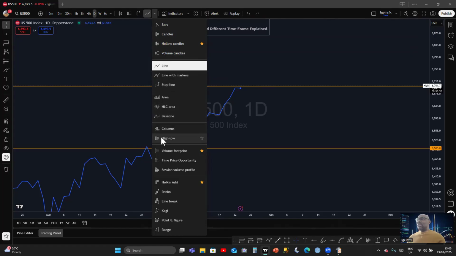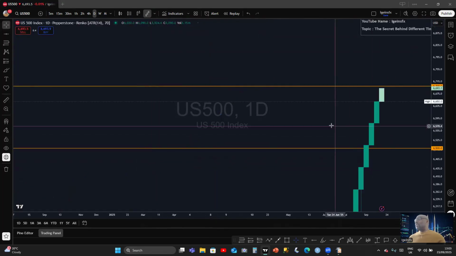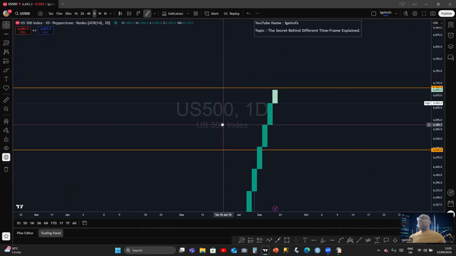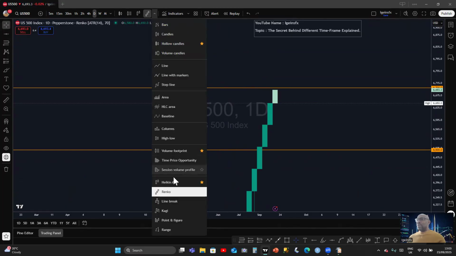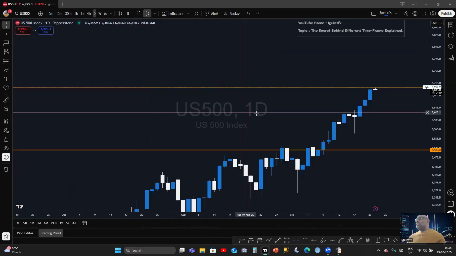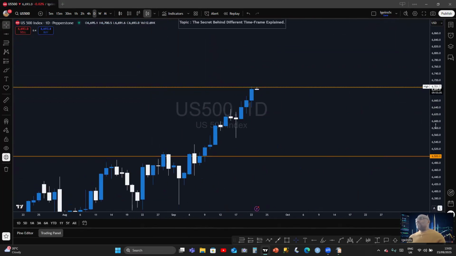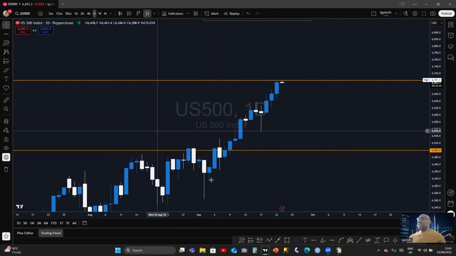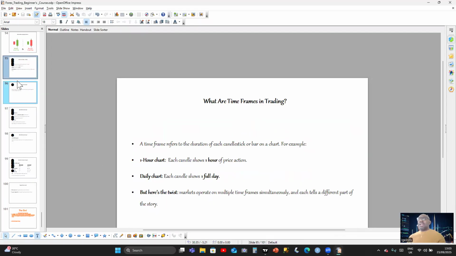If you click on Renko, it will turn to Renko. If you click on another one, line break, it's like that. You have different types, but the one that is common is the candlestick. That is what most traders use.